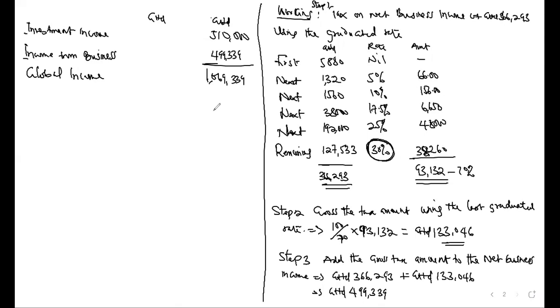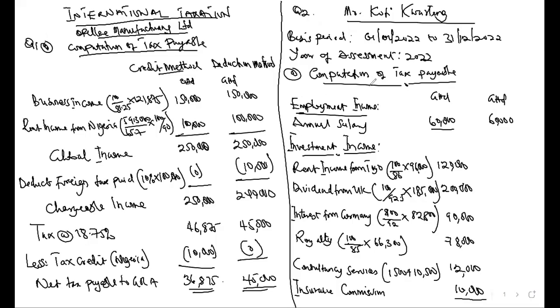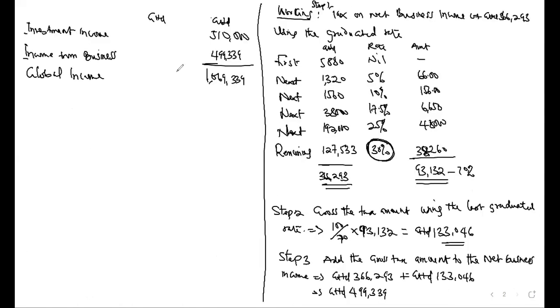That's it: 510,000 plus 499,339 is 1,009,339, plus 60,000, the annual salary from employment. So the global income is 1,069,339.